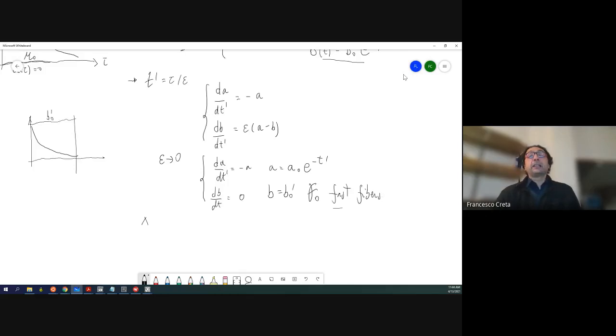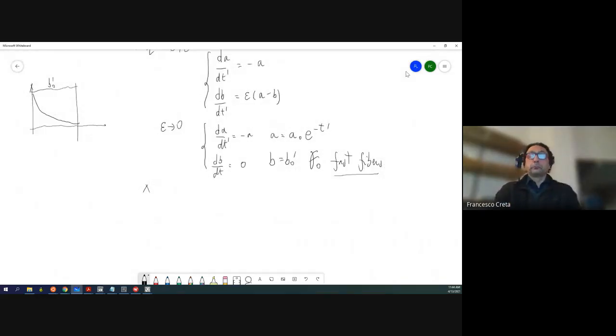It's essentially the algebraic constraint that we have within the boundary layer. So, long story short, suppose that I now revert to my phase space A and B.